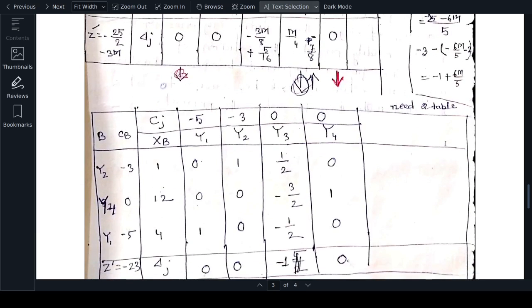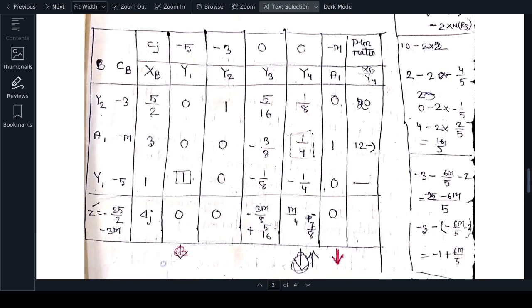In the third table, z dash equals -25 by 2 minus 3M, and delta j values 0, 0, minus 3M by 8 plus 5 by 16. So this is negative because of minus 3M, M is very large. Plus something, no problem.